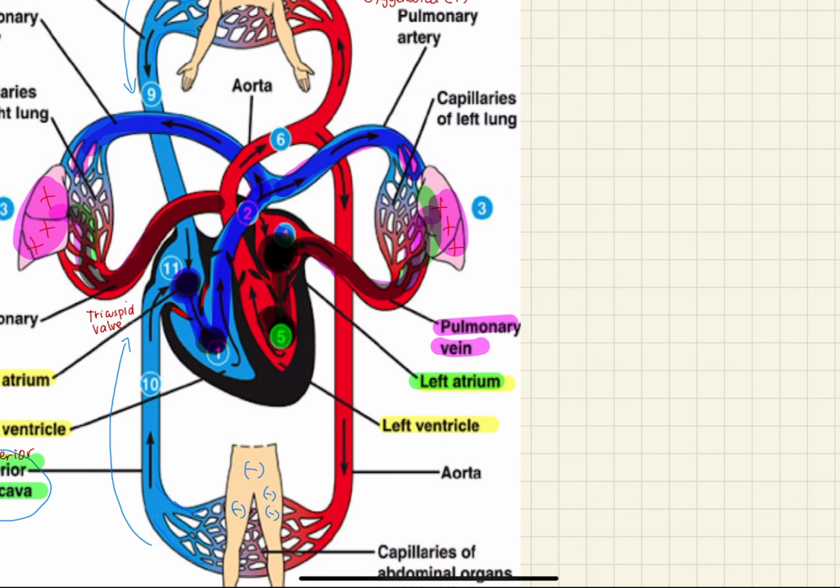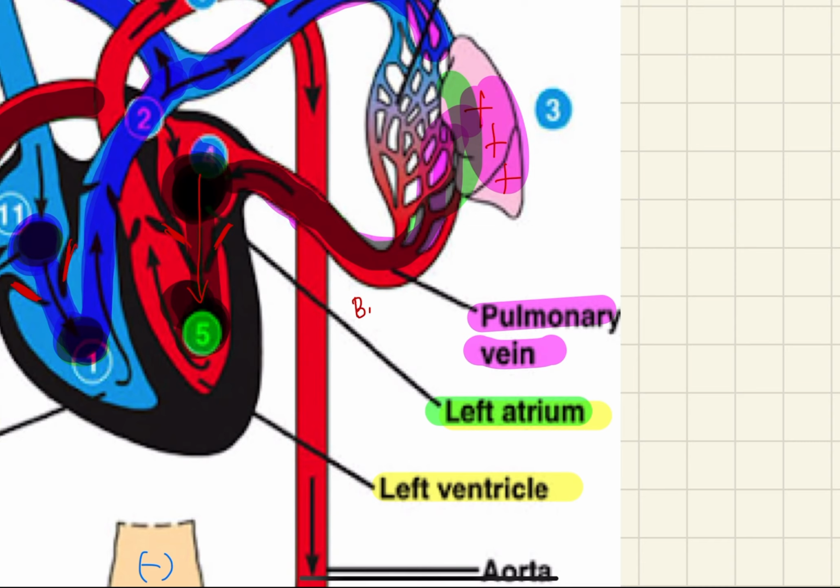Sa cusp na ito na dinaanan ng dugo which are oxygenated, from the left atrium to the left ventricle. We call that po the bicuspid valve. Okay? So this bicuspid valve is the valve which separates the left atrium and the left ventricle.